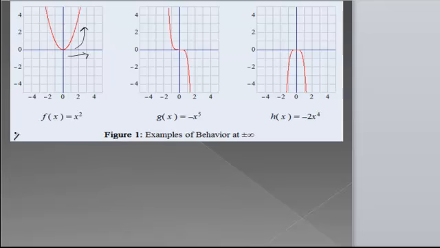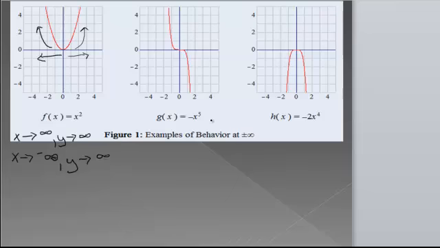So for this one, you would say, as x approaches infinity, y also approaches infinity. So what happens when x gets smaller? That means x approaches negative infinity. What does your y do? Well, as x goes in the negative direction, y still goes in the positive direction. So y still approaches positive infinity.